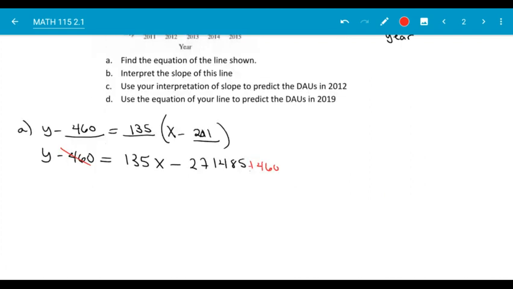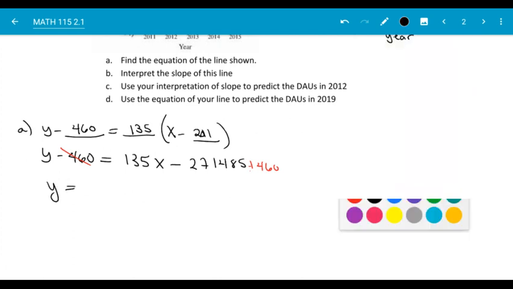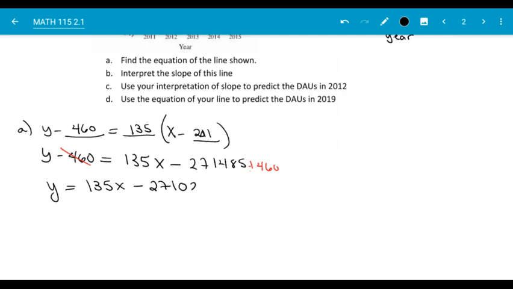There, negative and positive. So make sure you're getting this calculation in your calculator right. 135x minus 271,025 is our equation. So y equals 135x minus 271,025 is our equation.